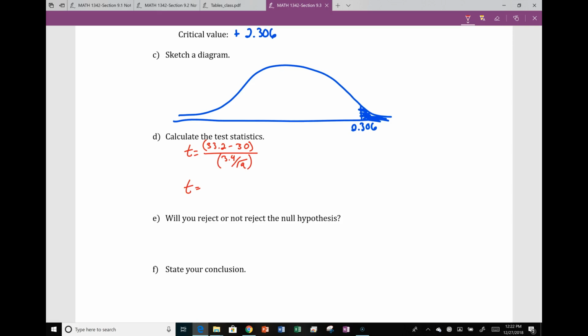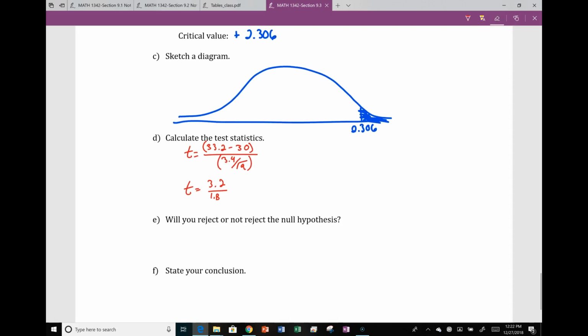So 33.2 minus 30 is going to be 3.2. 3.4 divided by the square root of 9 is going to be 1.1333. So our test statistic is 2.8235. Well, 2.8235 is going to fall somewhere over here.